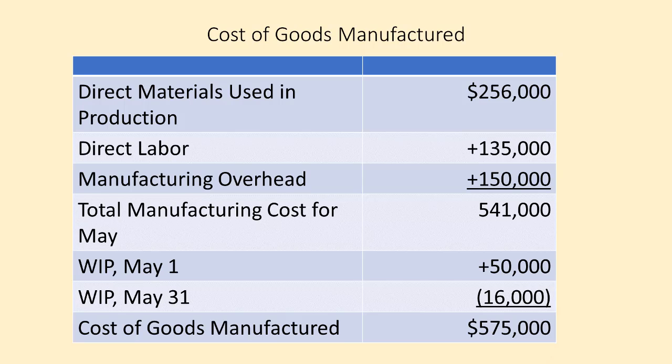We subtract that out because those are goods that are not finished and therefore not yet attributable to the cost of goods that were manufactured. $541,000 plus $50,000 minus $16,000 equals $575,000, and that's our cost of goods manufactured for the month of May.